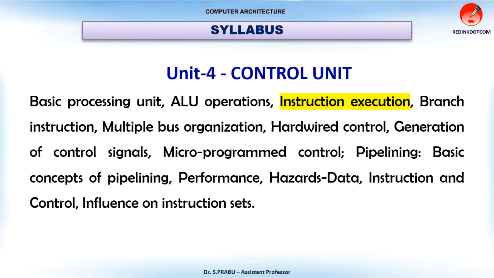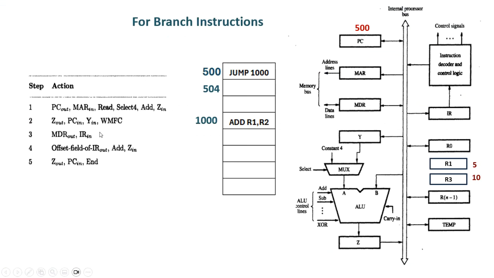Now let's see how the set of control signals is generated for branching instructions. For a branching instruction, some extra controls can be included. I'm going to assume some primary values present in both the processor as well as RAM before explaining this concept.